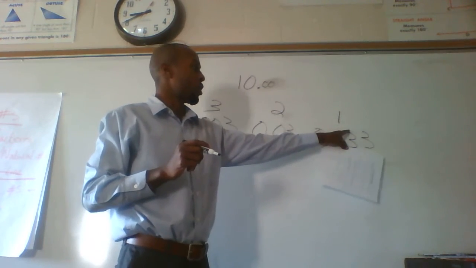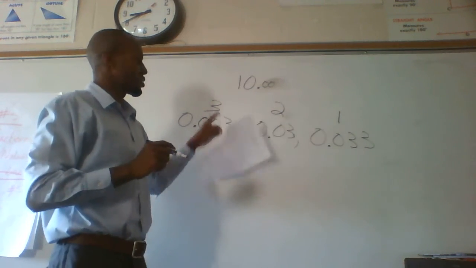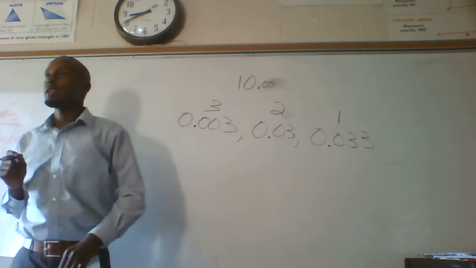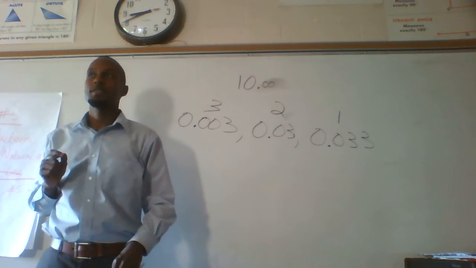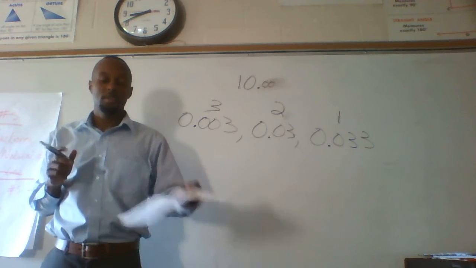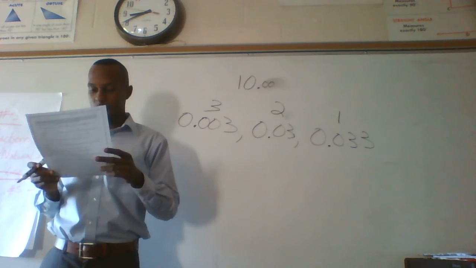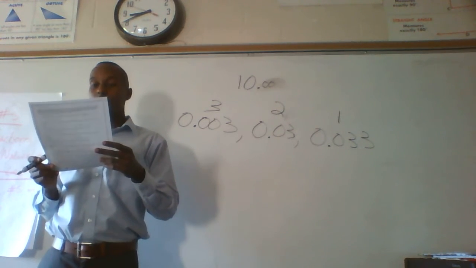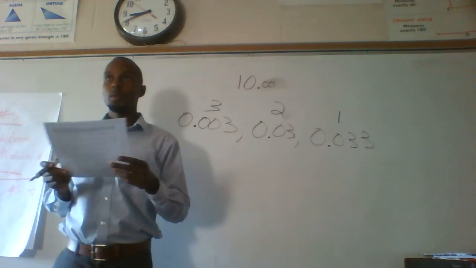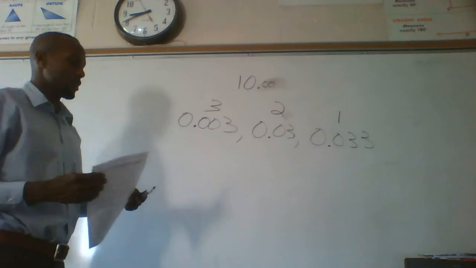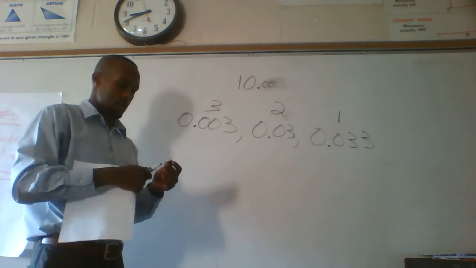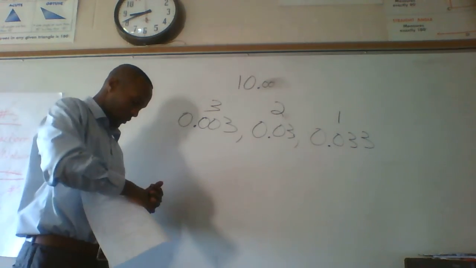So this has to be the largest, this is the second largest, and this is the third largest. Everybody get that? Yes? I was close. You kind of put a 0. Oh, okay, I get it now.